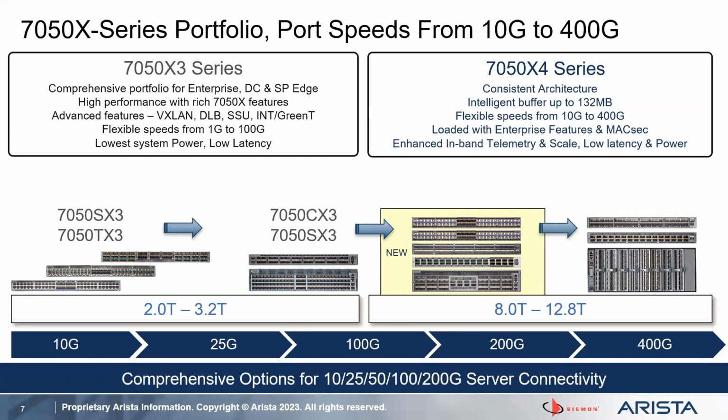X3, commonly referred to as Trident 3, X4 commonly referred to as Trident 4. But what's more important is the bandwidth jump, going from 3.2 terabit up to 12.8 terabits. So we are really looking at a 4x generational improvement in bandwidth capacity, going from one generation of chipset to the next. This is truly, truly incredible.